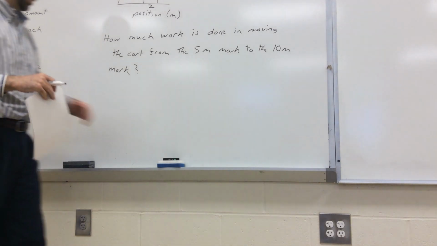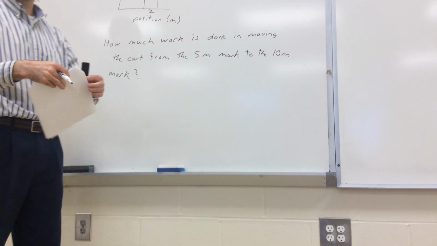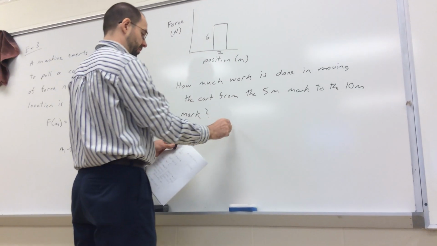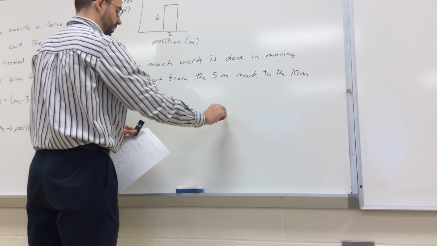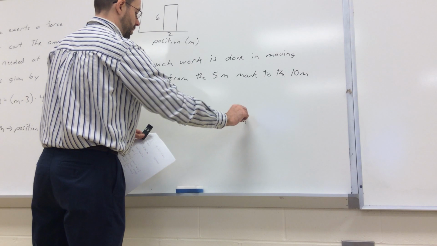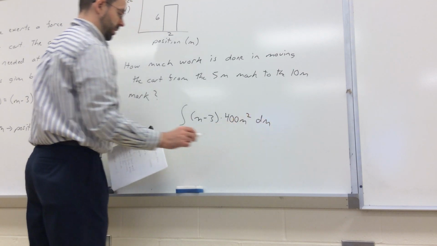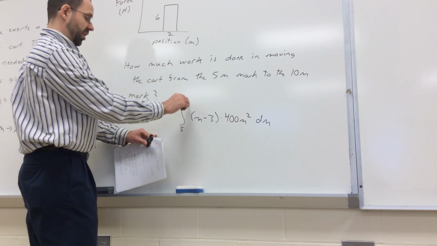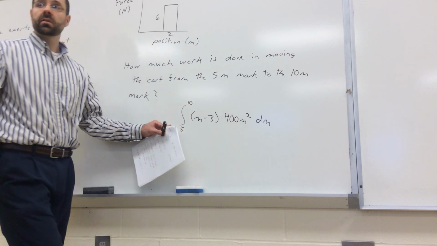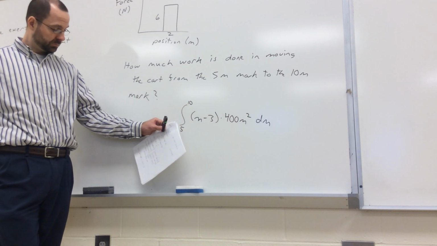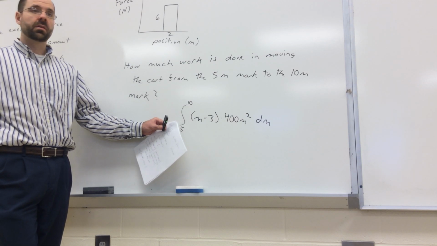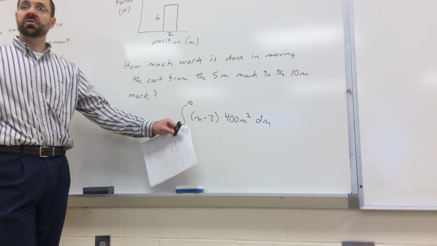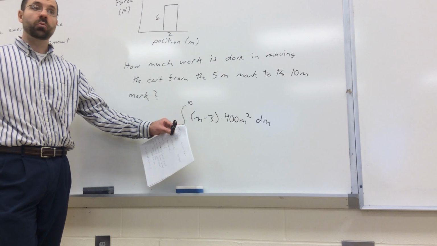So we talked about the fact that you want to integrate this to get the amount of work. So we're going to integrate this function, (m - 3) times 400m squared. And we're going to integrate from the 5 meter mark to the 10 meter mark. So it's possible to do this by hand, and you want to practice.